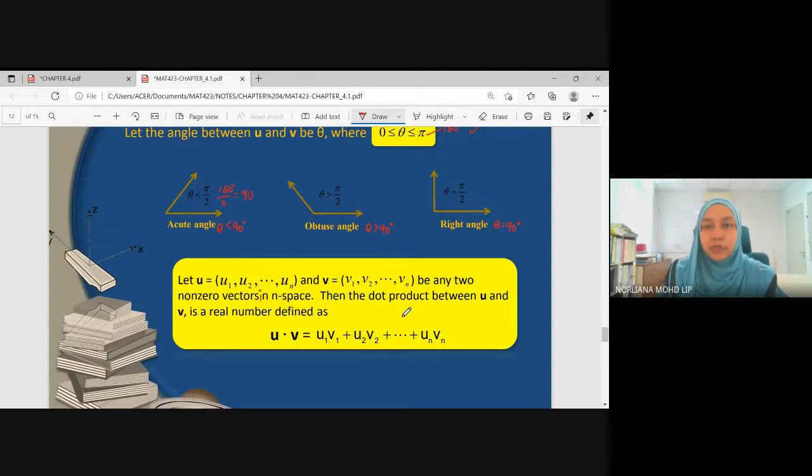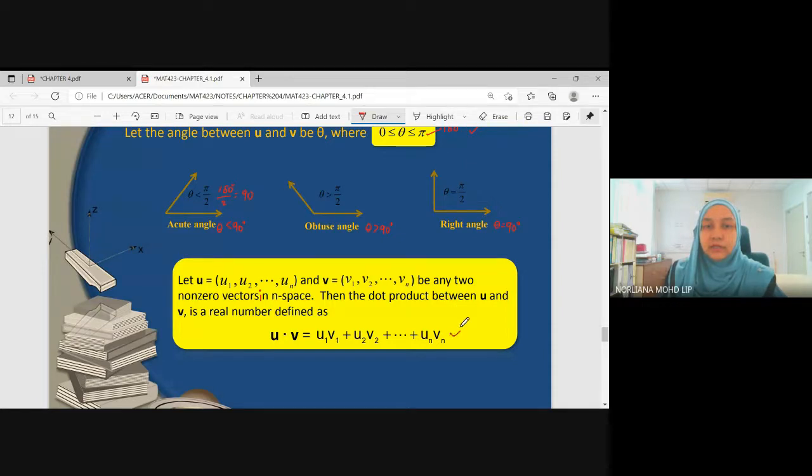Then the dot product between u and v is a real number, defined as u dot v is equal to u1 times v1 plus u2 times v2 plus, until un times vn.